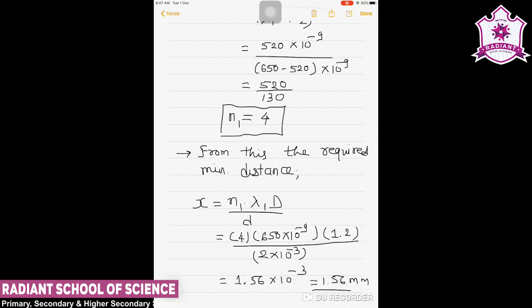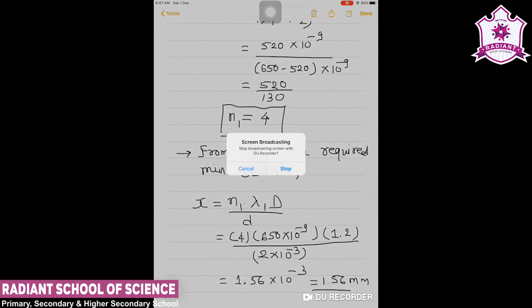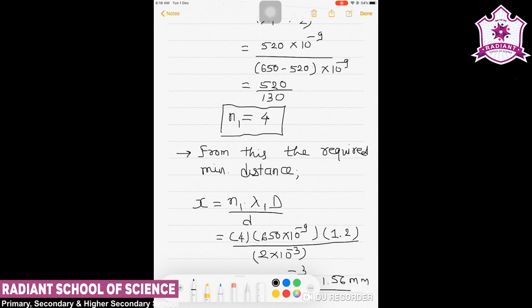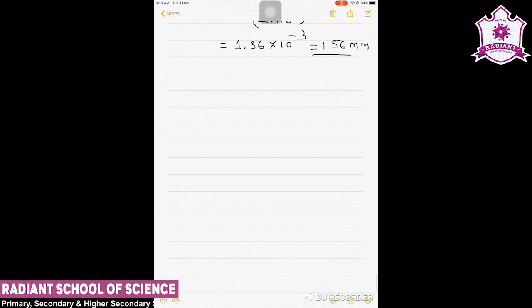So that's it from this example number. The next example, that is example number 8: what is Brewster's angle for air to glass transition? So actually this question is good for your exam.